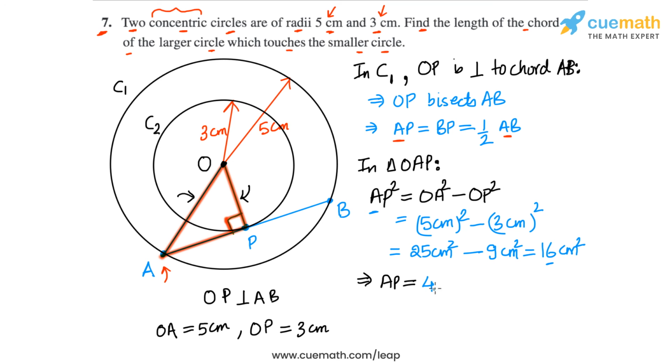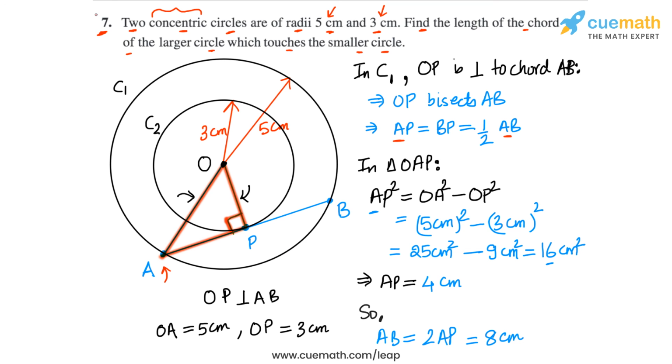So AP is 4 centimeters, and finally we simply double the length of AP to get the length of AB, because we observed earlier that AB is twice AP, correct? So AB, which is twice AP, must be equal to 8 centimeters.